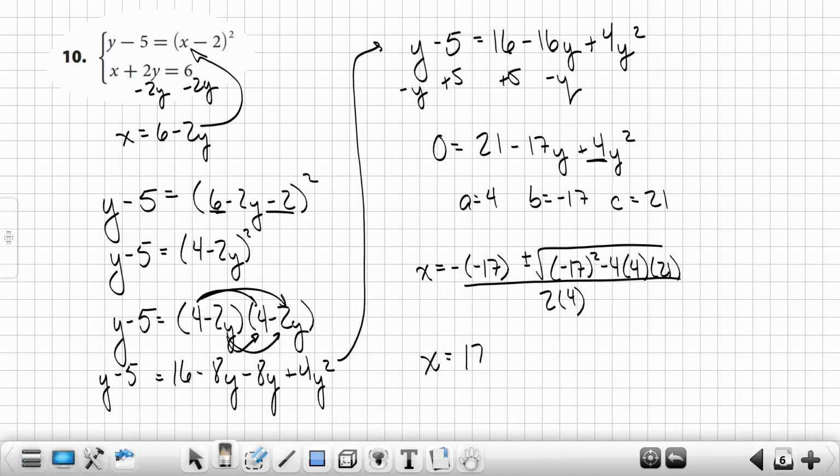So we have 17 plus or minus square root. 17 squared is 289. Minus 4 times 21 is 84, times 4 is 324. No, 336.